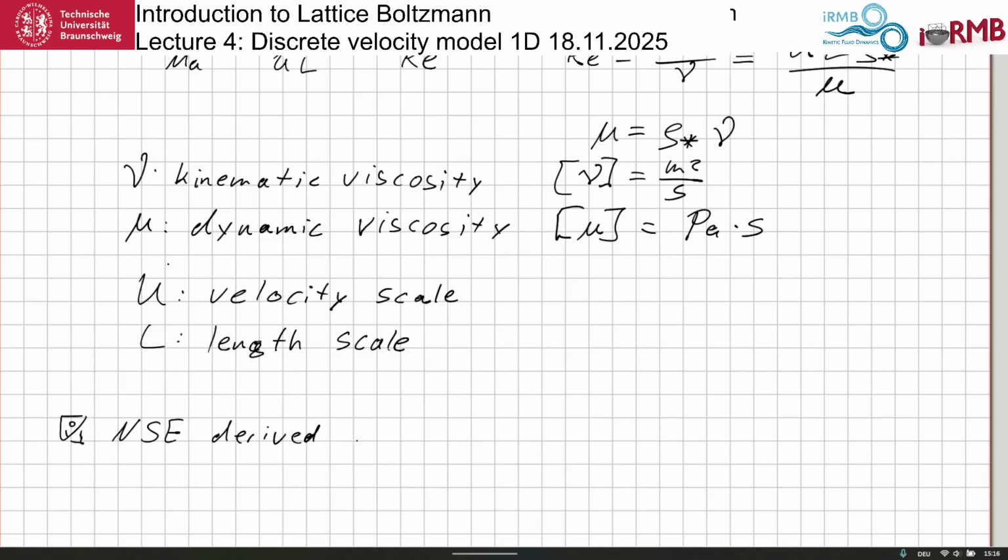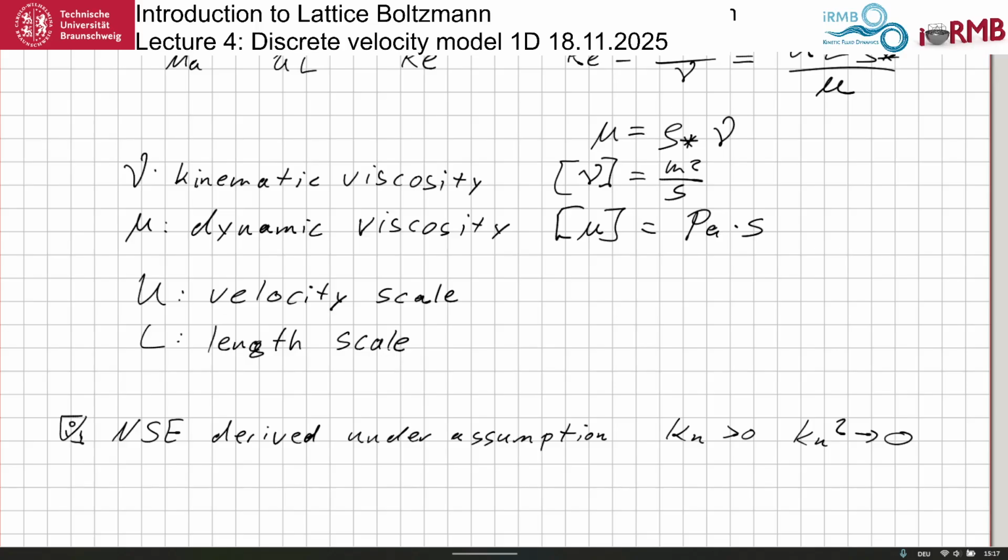Last week we derived the Navier-Stokes equation under the assumptions that the Knudsen number is larger than 0 and that the Knudsen number squared is going to 0.